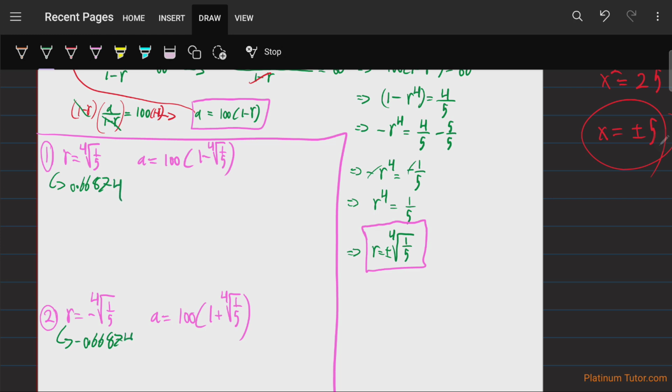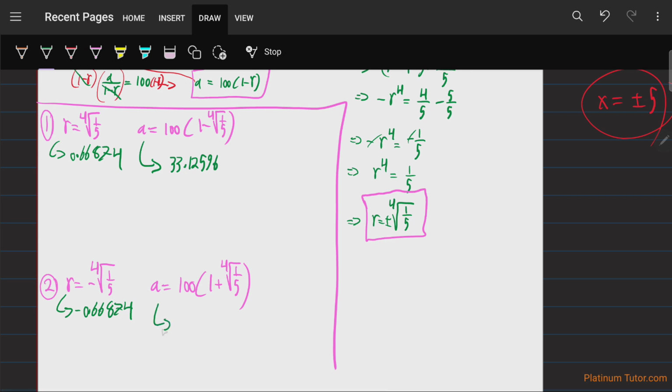Now we can find a. Let's calculate this a for the first case. That's 100 times 1 minus the fourth root of 1 divided by 5. So a will be roughly, these are all approximate, 33.12596.